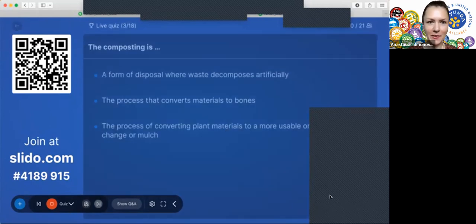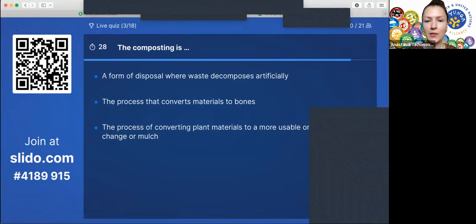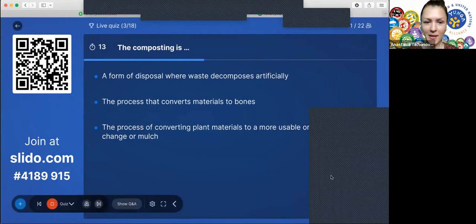And let's move to the third question. Composting is a form of disposal where waste decomposes artificially, the process that converts materials to bones, or the process of converting plant materials to a more usable organic soil change or mulch. Please select the answer that you think is correct. 9 seconds left. 4, 3.